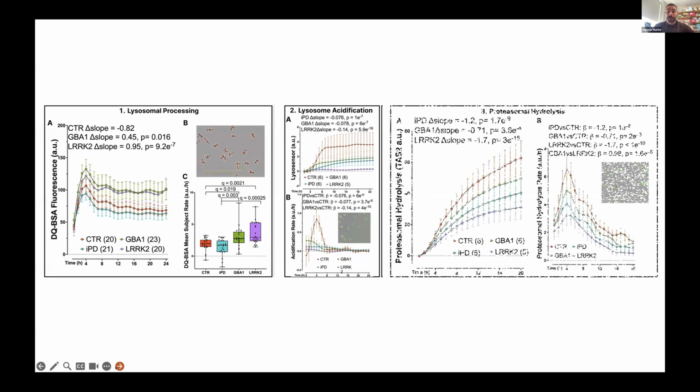And I also tested proteasomal hydrolysis through a fluorescent probe called TAS2, and this is a non-toxic proteasomal 20S probe. It is non-fluorescent until it is actually hydrolyzed by the proteasome. And here we confirm that these monocytes from GBA1 PD cases have a slower hydrolysis.